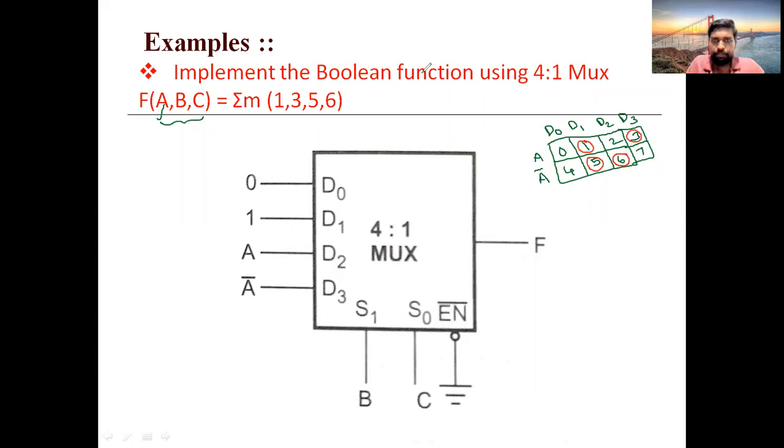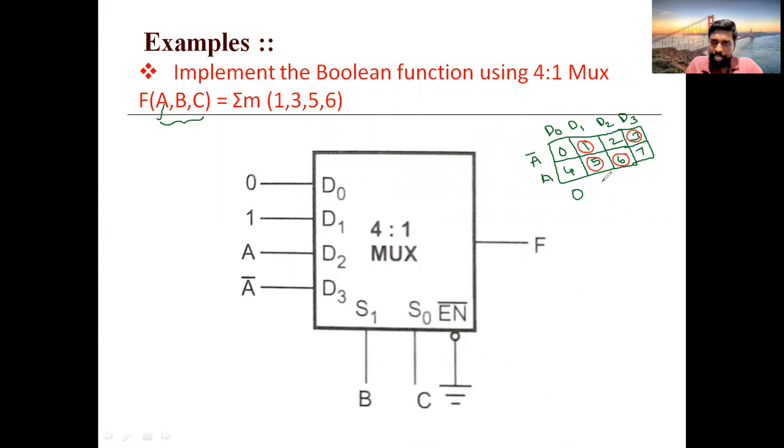Okay, you take this one as A. Okay, take like this. Why? Because the first combination will be 0, right? So take this as A bar and here it is A. Now see, when both are left empty, your value is 0.